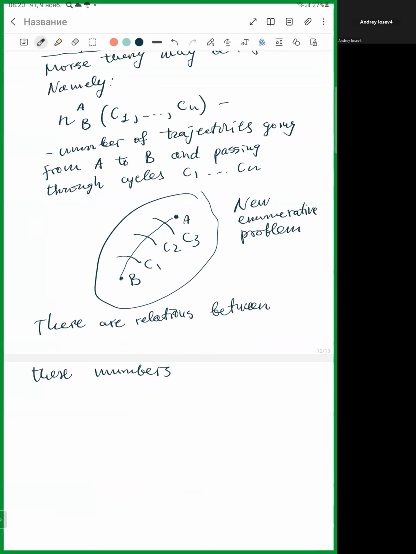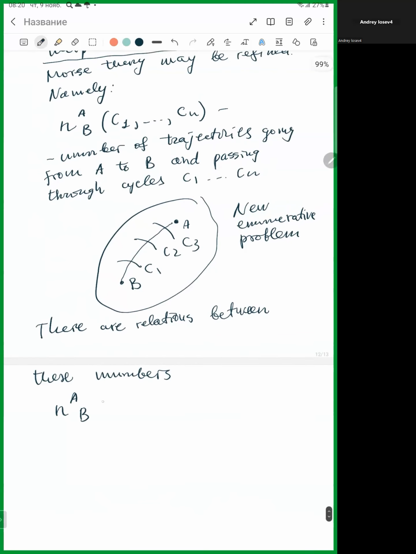Let me write some of these relations. So here are Morse relations. Equal to 0.